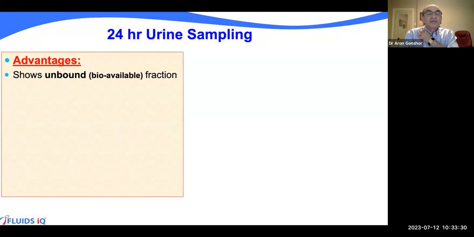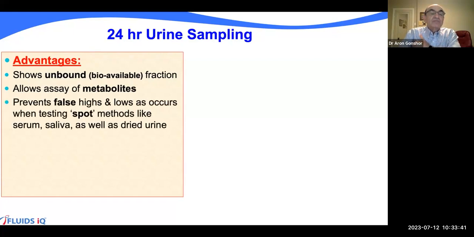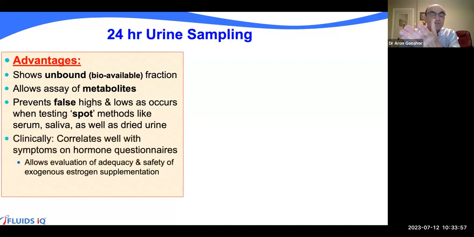Well, it shows the unbound, the bioavailable fraction, just like saliva, but it also gives you the metabolites, which the others don't. It prevents false highs and lows, which is what occurs when you're testing with the spot method, like serum, saliva, and dried urine. We'll call it what it is. That's what they are. They're spot methods.